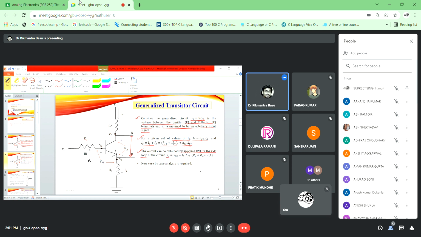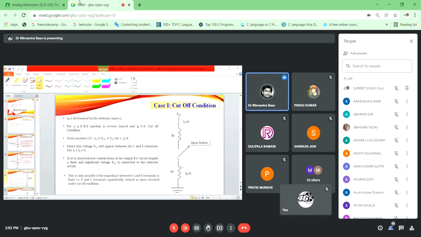That means V0 or VCE is nothing but VCC minus IB into HFE into (RE plus RC), assuming the similar current is flowing through the emitter and the collector resistance.